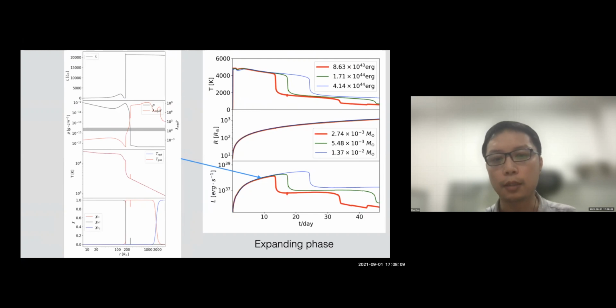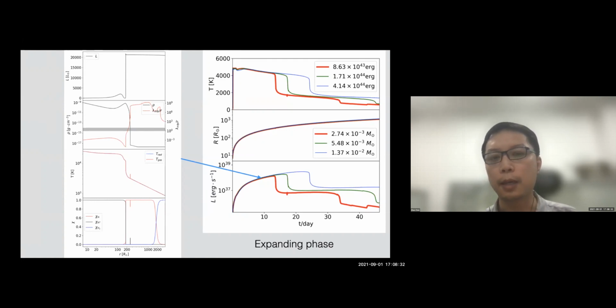We see that the inside of the ejecta is fully ionized, but the outside is molecular, shown by the blue line. In the second panel, to be careful, the secondary y-axis shows the mean free path over the radius.